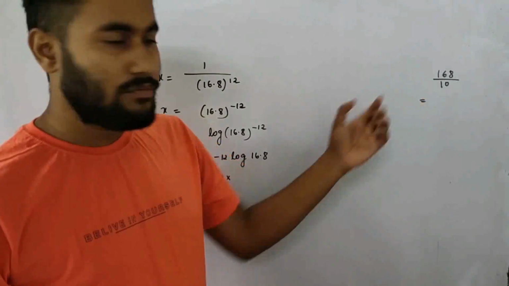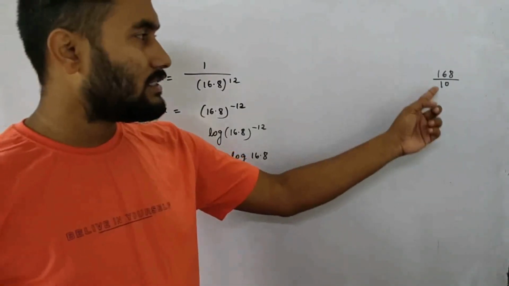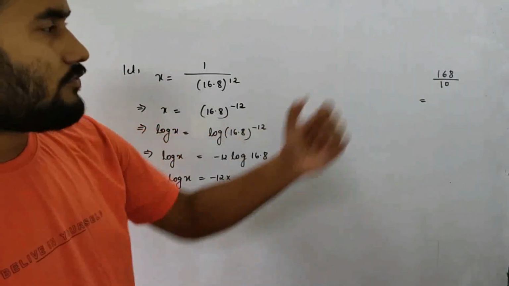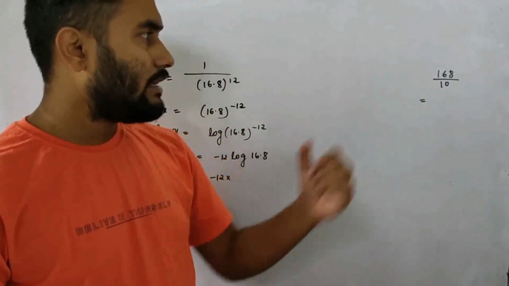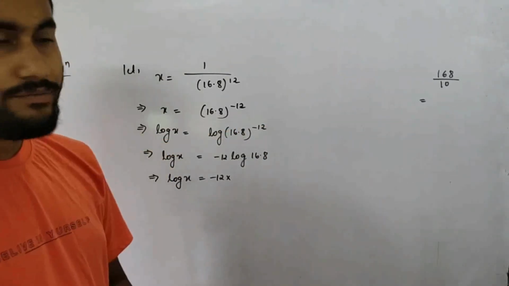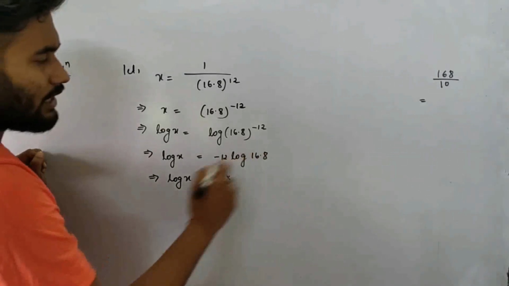In the exam this value might not be given, so you have to break 168 or 168 by 10. And this type of question you have done in class 9 also. Log 10 is simple, so this one you will get. Only 168 you have to break, then log 2, log 3, those things will come. So I will write the value directly.